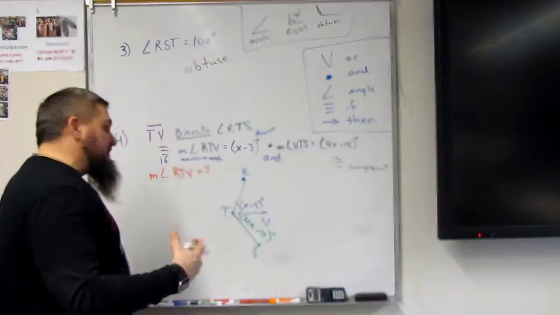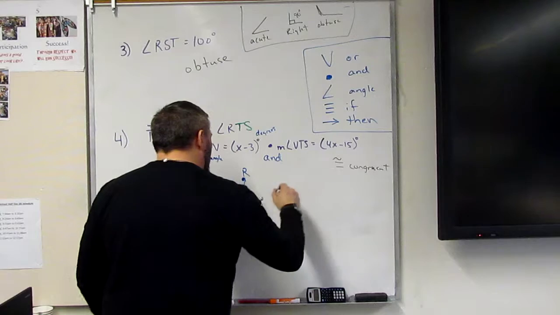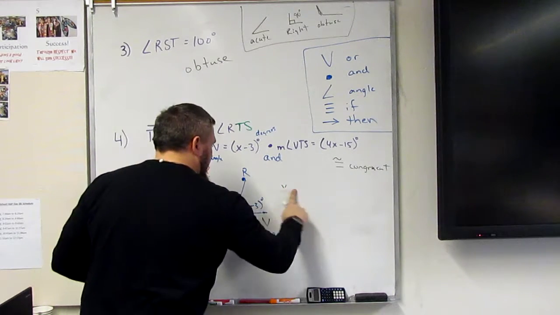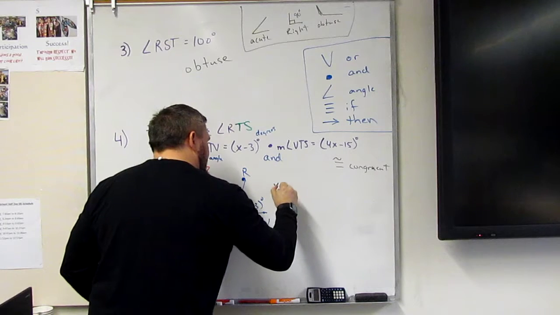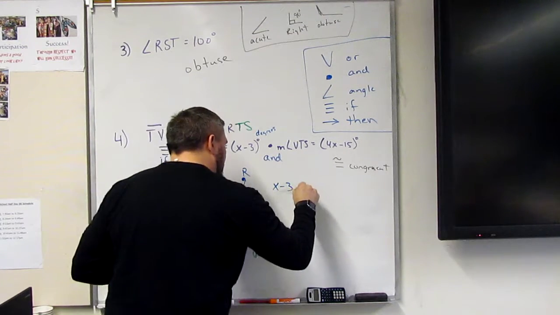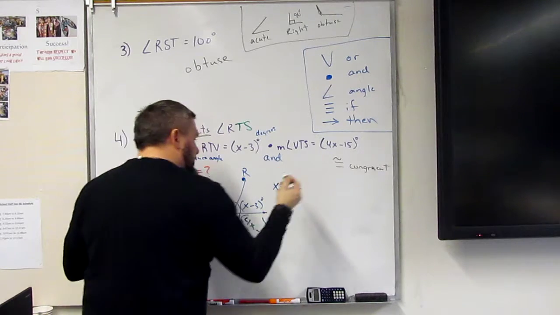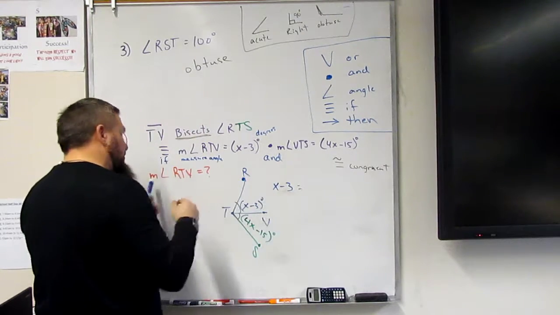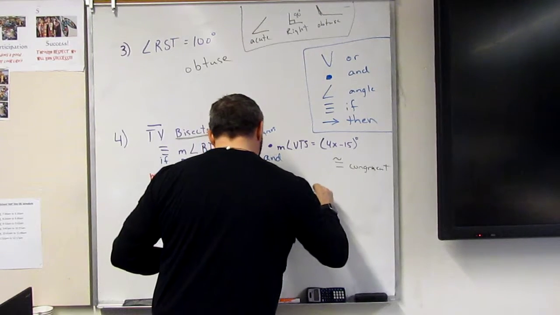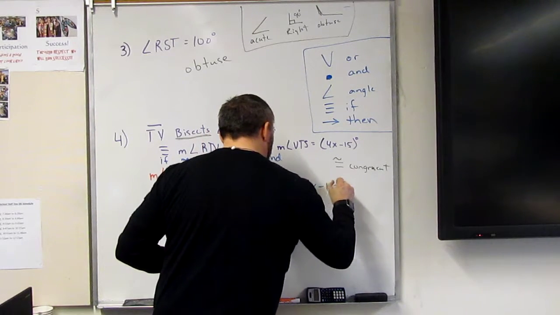Alright, that means that we get x, and I'm going to use these in colors, sorry. X minus 3 is equal to, or congruent, but the measure of this is equal to 4x minus 15.